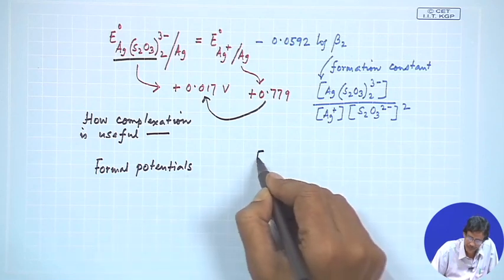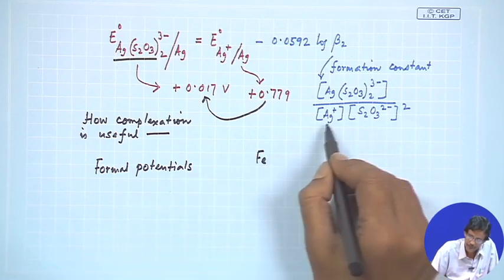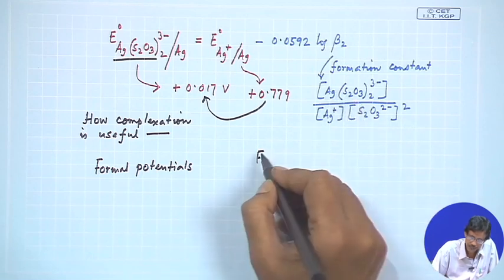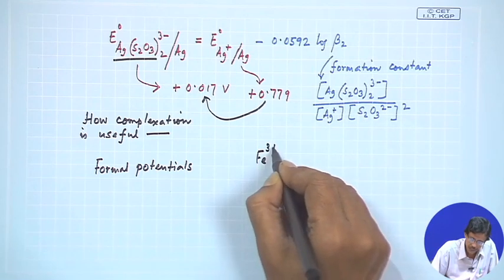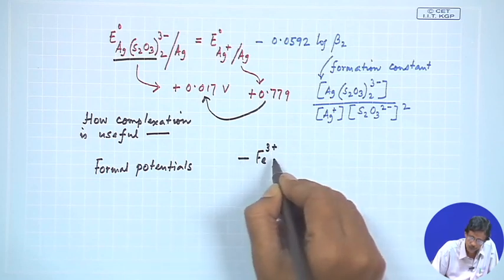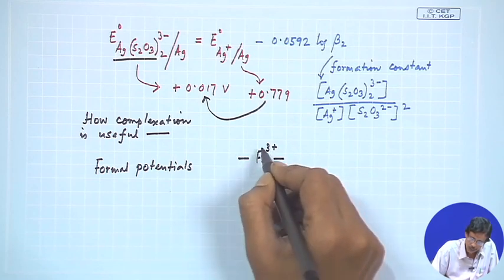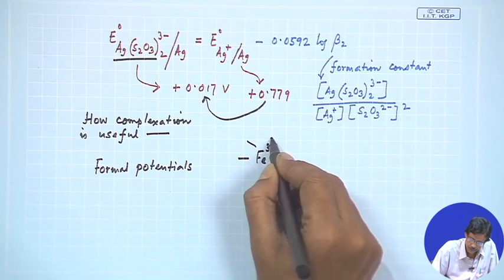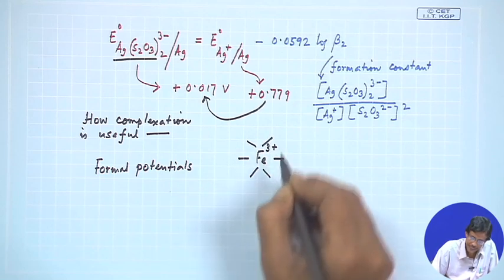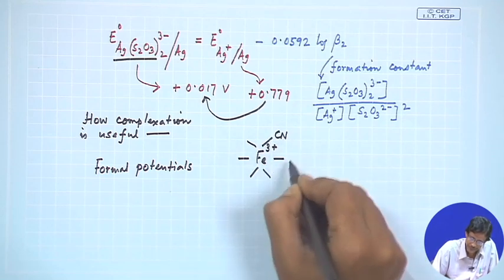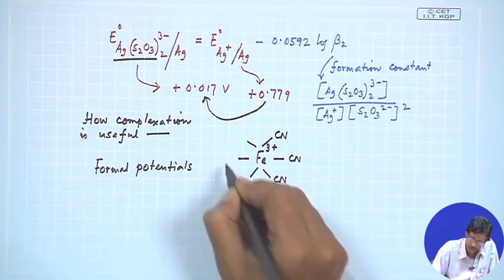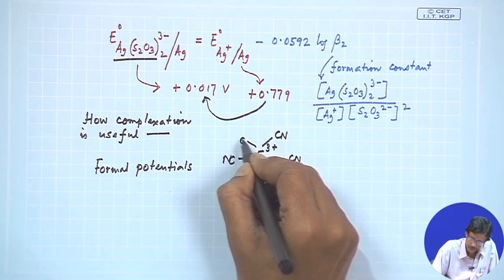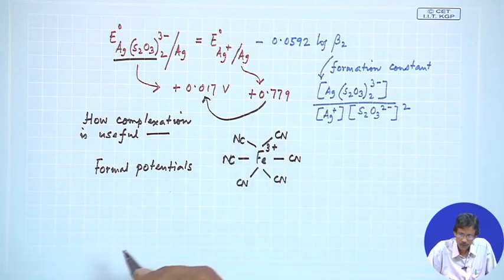At the same time, silver binds to thiosulfate, and we all know the electron transfer for the ferric ion and the ferrous ion. Now, we will put in some other strongly bound complexing agent such as cyanide ions. So, these cyanide ions are attaching to it.